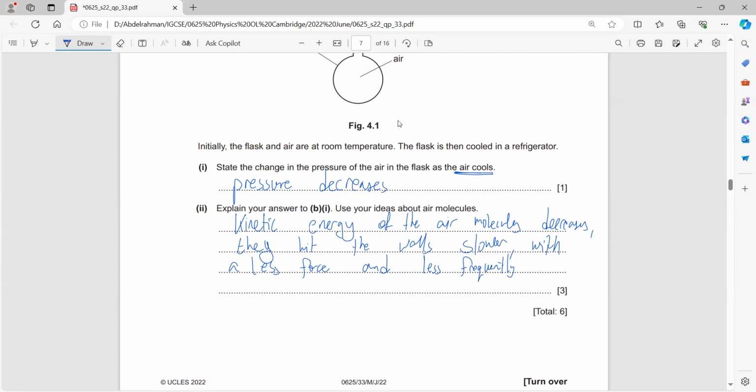They lose kinetic energy, so they move at a slower speed and hit the walls less frequently. Then the total pressure will decrease, and that's why we wrote that the pressure decreases.